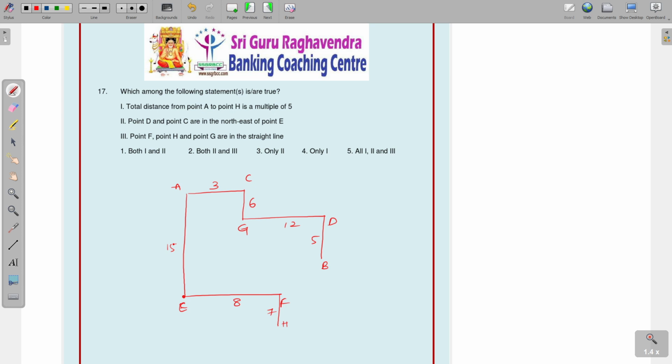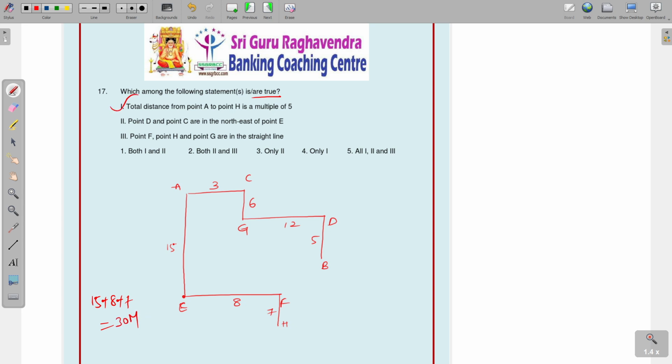See the question. Which of the following statements is true? Total distance from A to H is a multiple of 5. From A to H, A here and H here, A to E is 15 plus E to F is 8 plus F to H is 7. So total 30 meters. So 30 is exactly a multiple of 5.